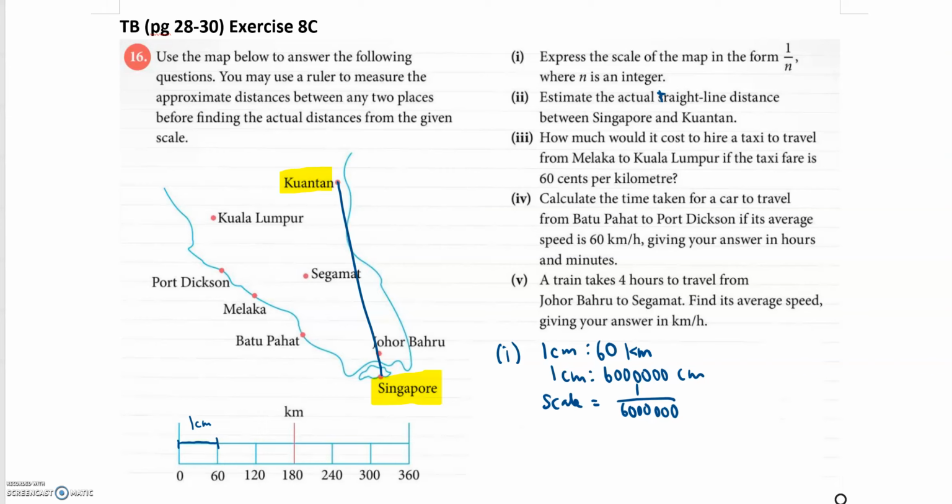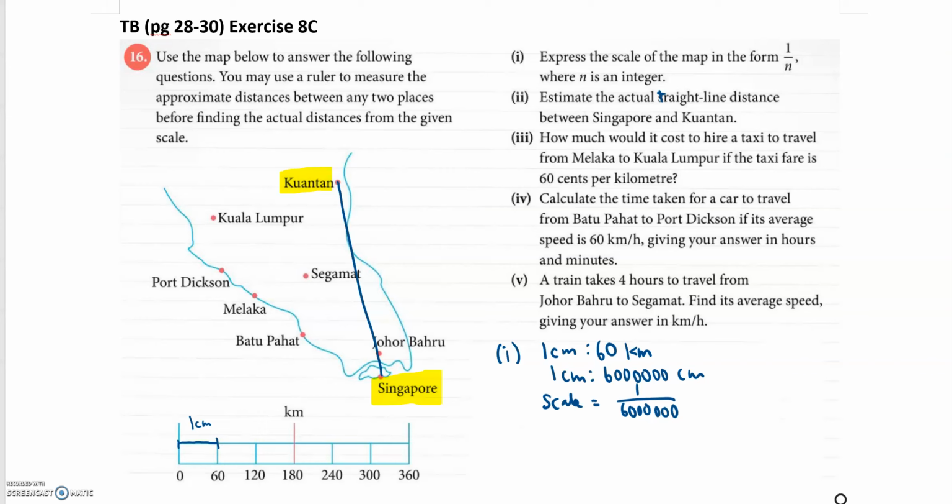Of course this is an estimate, because Singapore is not just this dot here. This whole island is represented by a particular point, and Kuantan is also just a point used as an estimate. So I will measure this distance and use the scale that I derived in part 1.